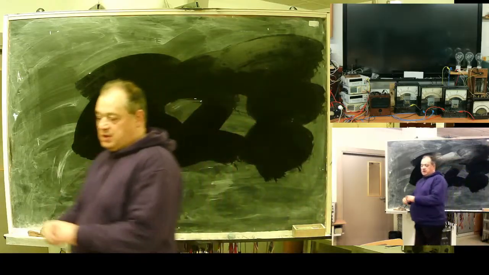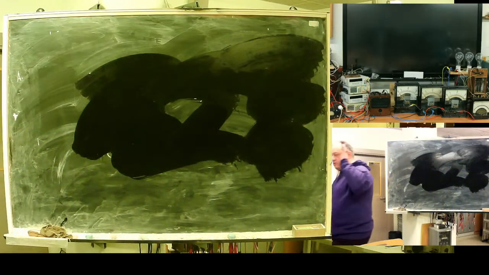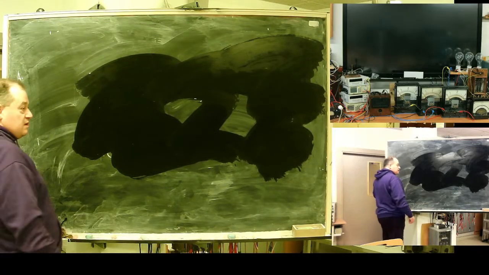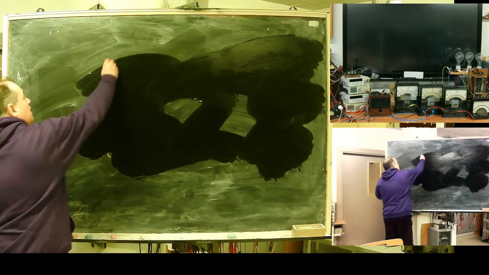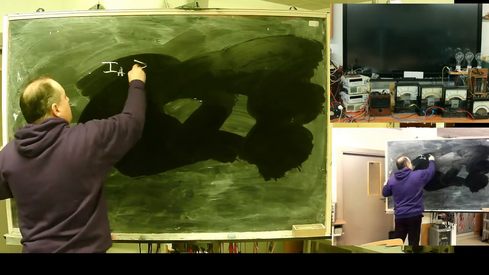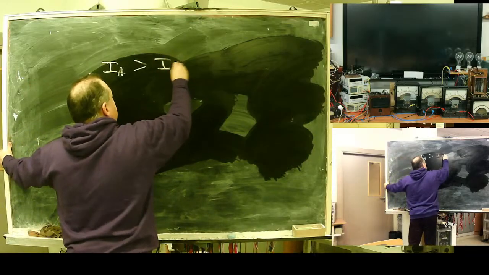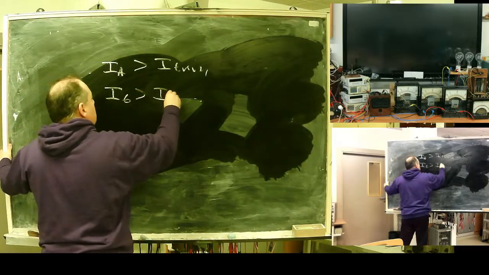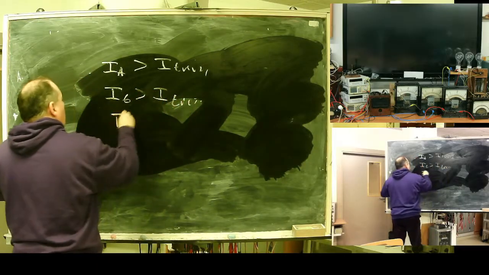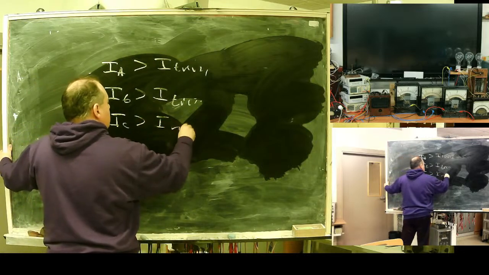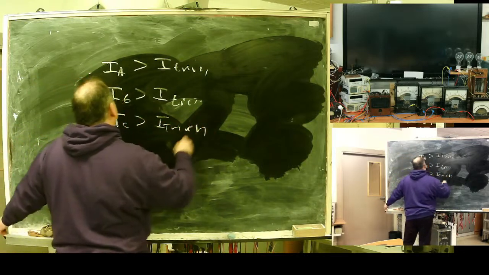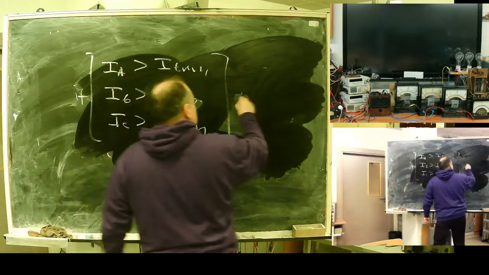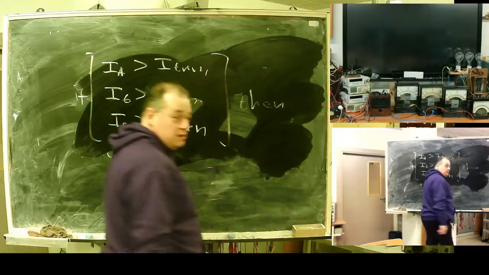What can be, let's say, the easiest example of a function? If IA greater than I trip or IB greater than I trip or IC greater than I trip, if any, then what?